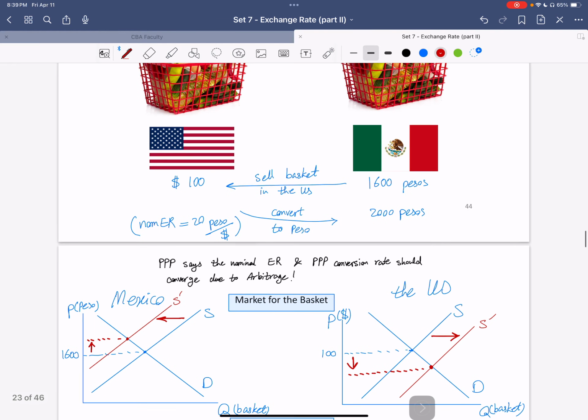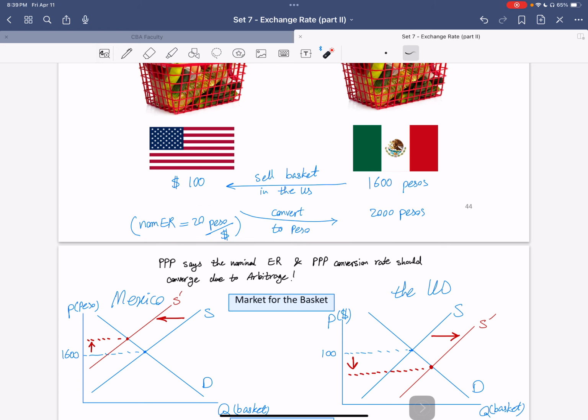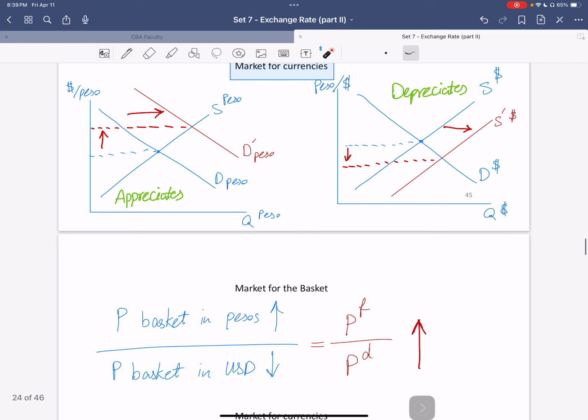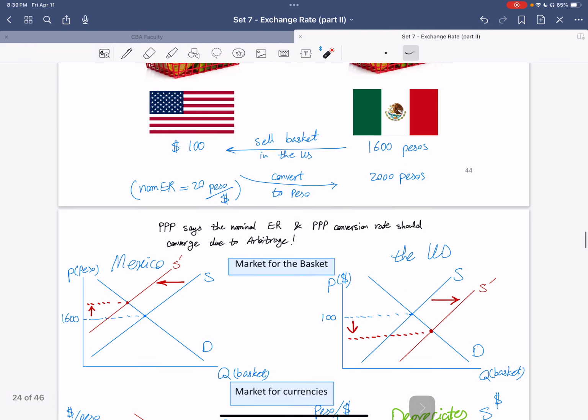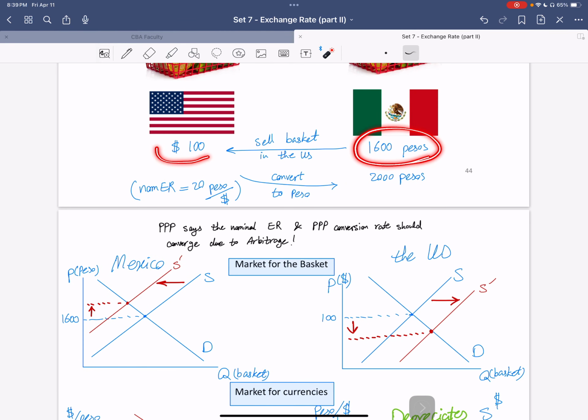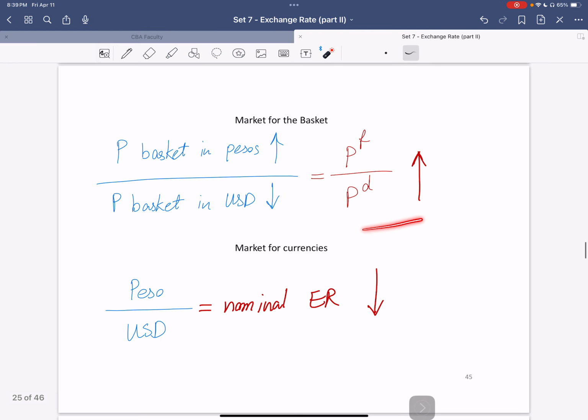Earlier, we had this nominal exchange rate, 20 pesos per dollar, was larger. So, because of arbitrage, it decreased. On the other hand, level of the prices were smaller. Again, because of the arbitrage, it is increasing.